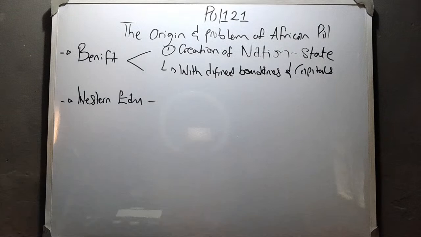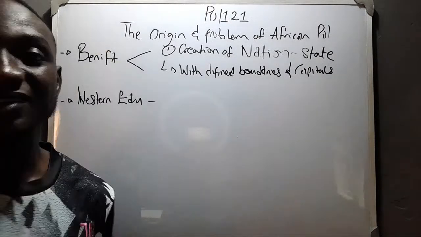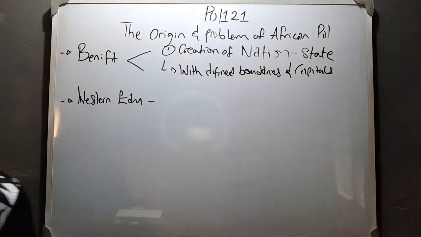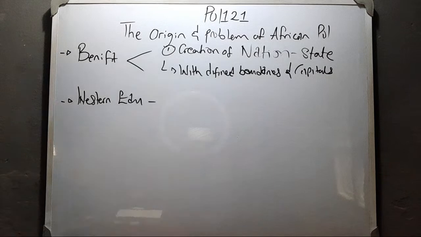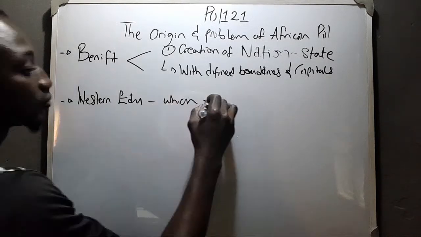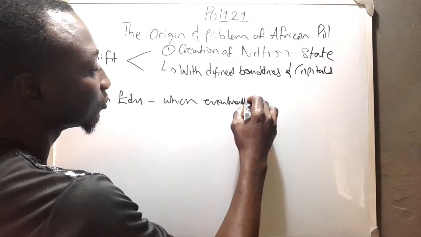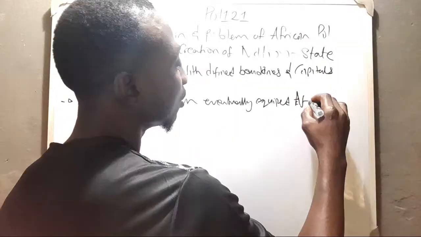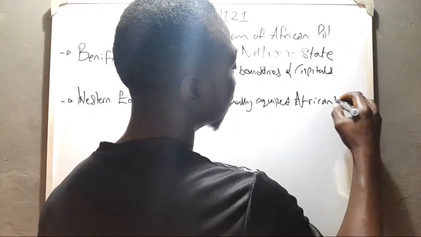Now, Africans were introduced to Western education, which ironically equipped them with tools of resistance. Even though Western education came and they took advantage of the ignorance, ironically this eventually equipped Africans with what?